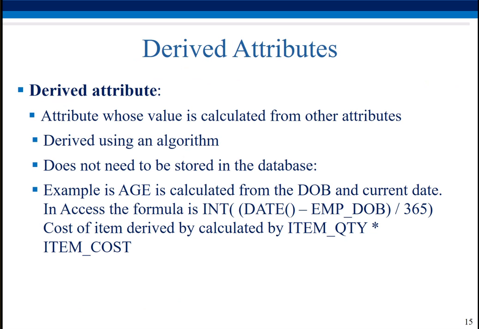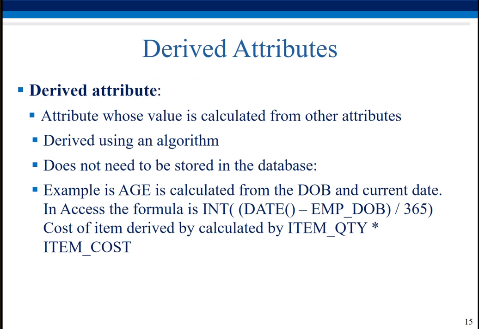So you're either 1 year old, 2 years old, 3 years old, 4 years old, and here is the formula to do it. We're taking the current date and subtracting the date of birth, which gives you the actual number of days. Then you divide that by 365, and then you're creating an integer, so you don't have somebody that's 6.25 years old.